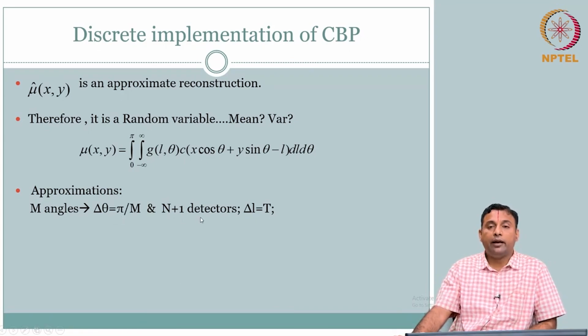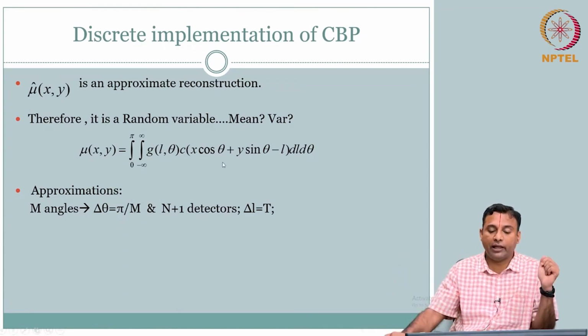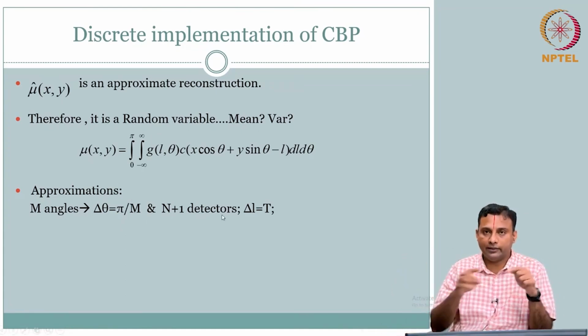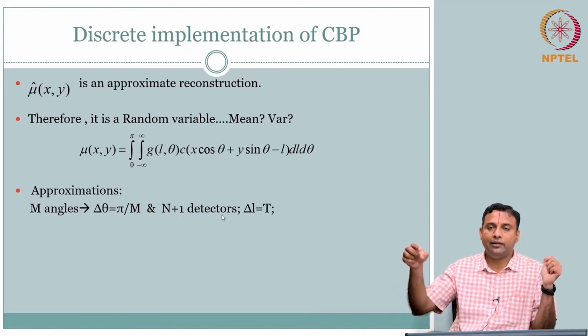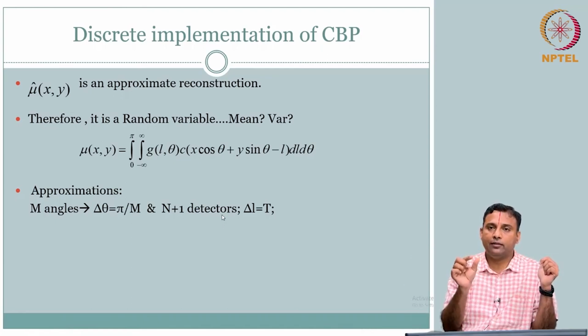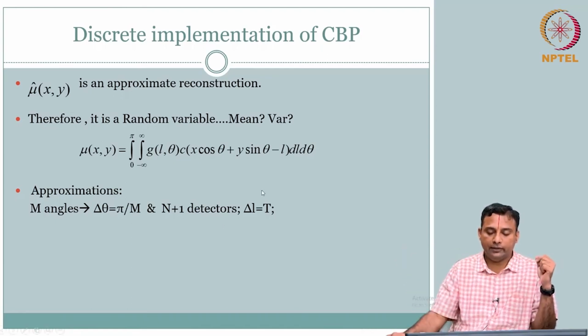And then the number of detector elements, right? A detector has a size, and therefore for a given width there can be only so many detectors. So the field of view length relative to the individual detector length is another approximation.